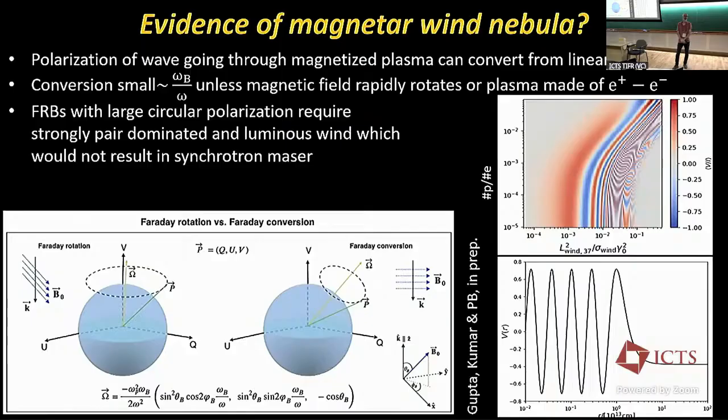The second question is about the misalignment that you're invoking to explain the non-repeaters. The difference in number in the population, how does that constrain any sort of angle in the misalignment between the rotation axis and magnetic axis statistically?